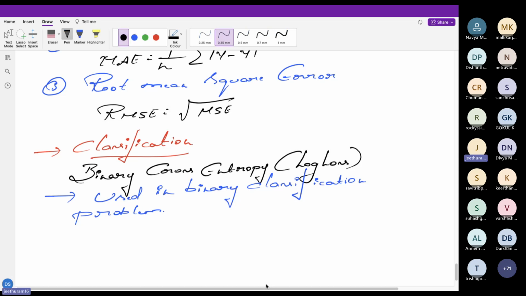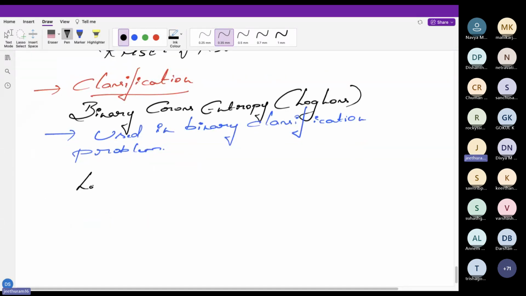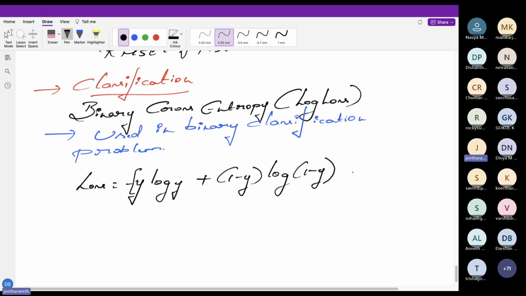So how will be the formula? It will be minus y times log y plus 1 minus y into log of 1 minus y. So y is an error made by the positive class, 1 minus y is an error from a negative class, something like that.